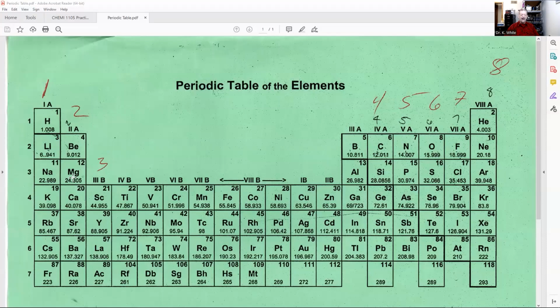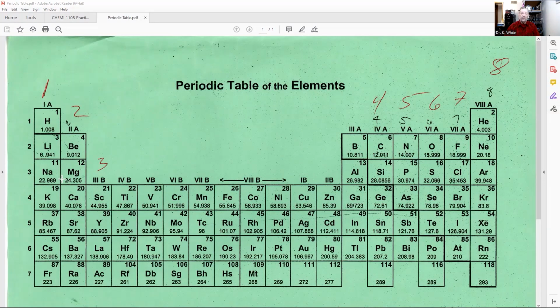To form an ion, that element wants to have the same number of electrons as the nearest noble gas. Nearest is defined as closest numerically.